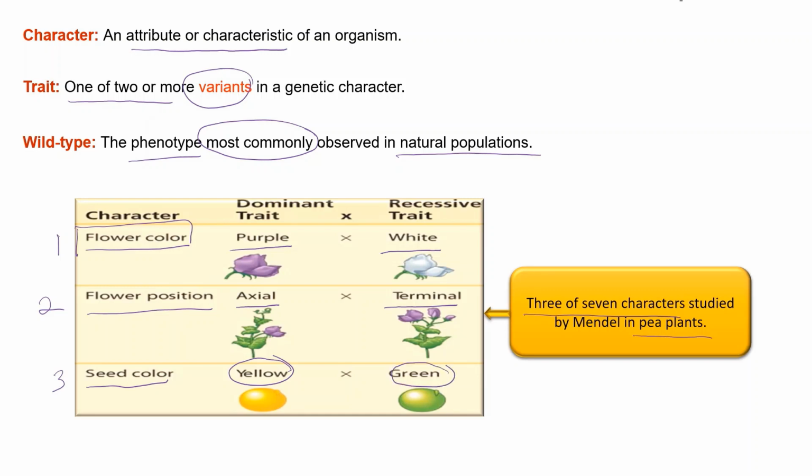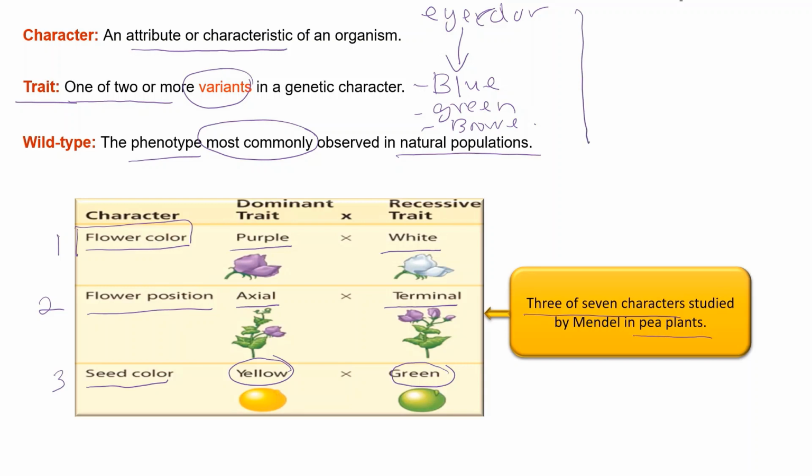As for humans, for example, a character that can be studied is eye color. The traits can be that the person can have blue, green, or brown eye color, for example. So those are different traits for a character.